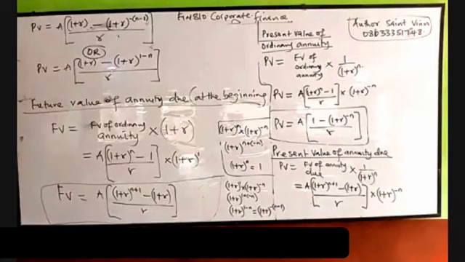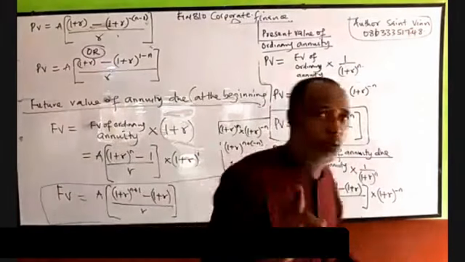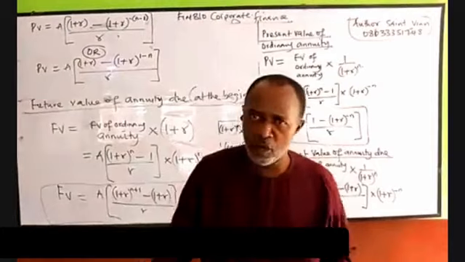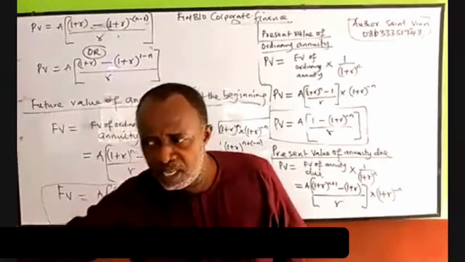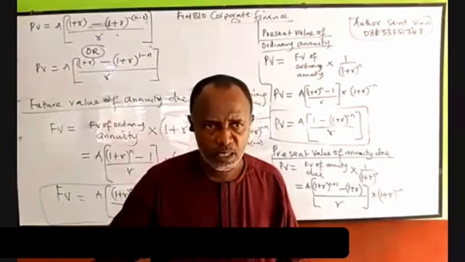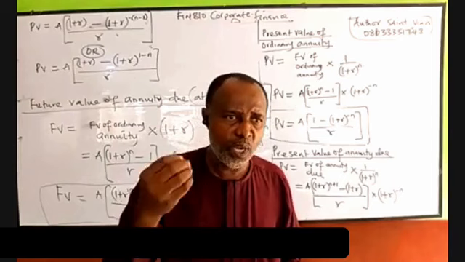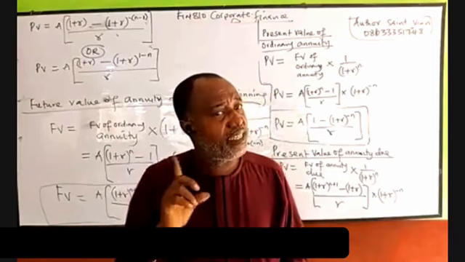Okay, so let's take a question. A is annuity. That one is common. Every other thing. But remember, one more thing to remind you of: our idea of compounding daily, monthly, weekly hasn't changed.